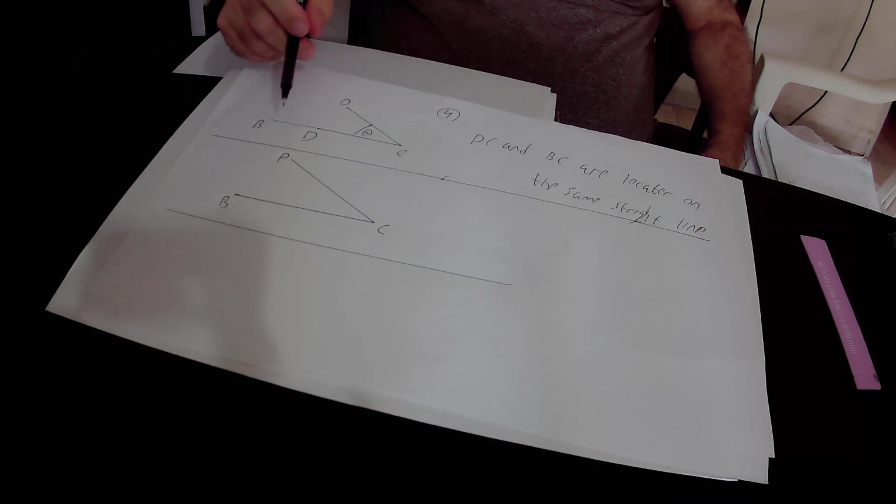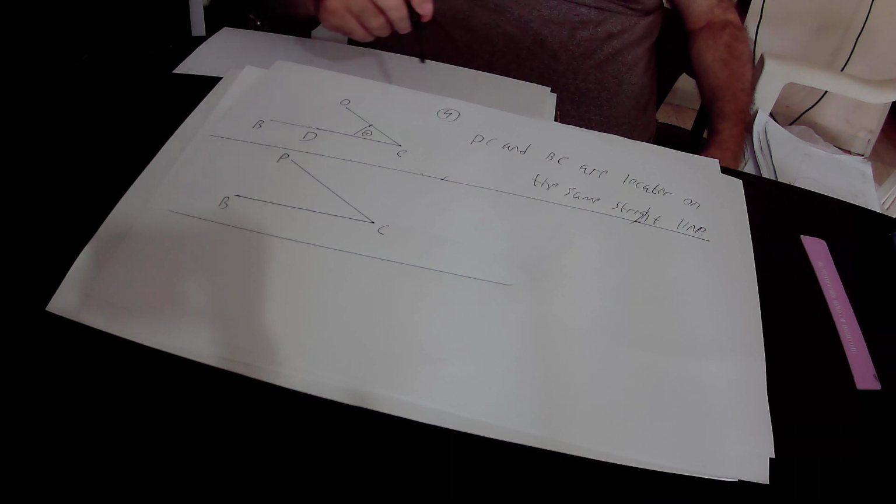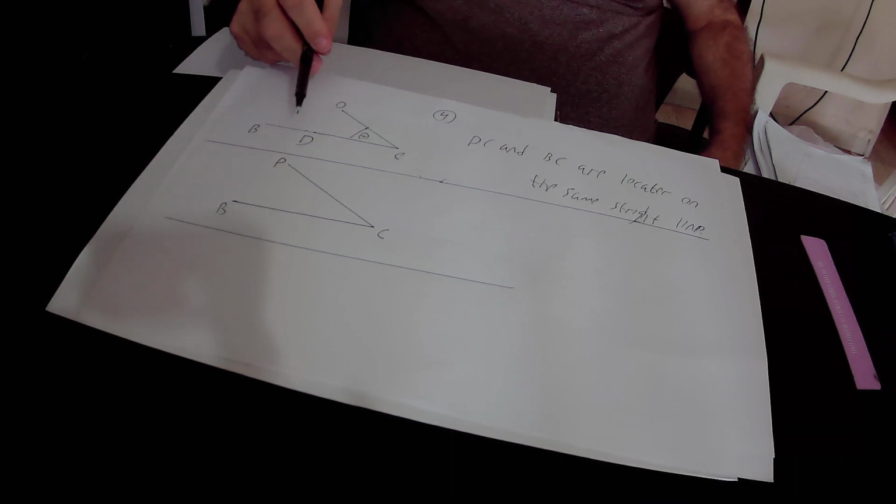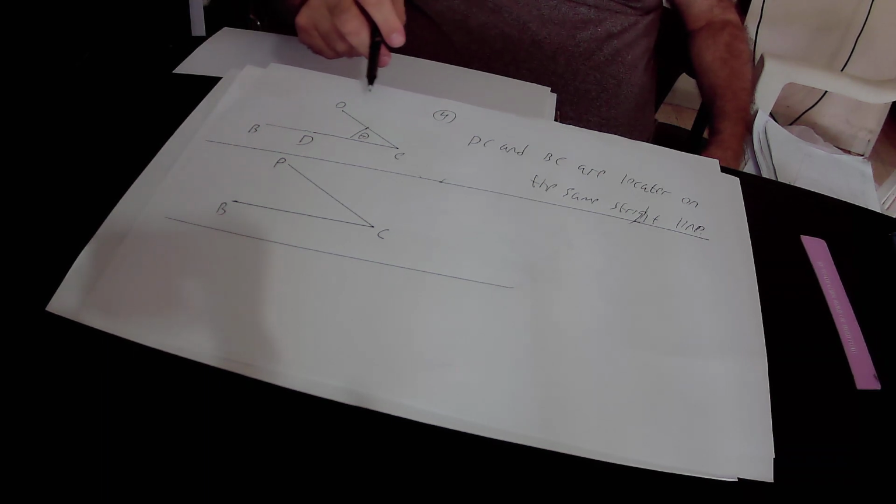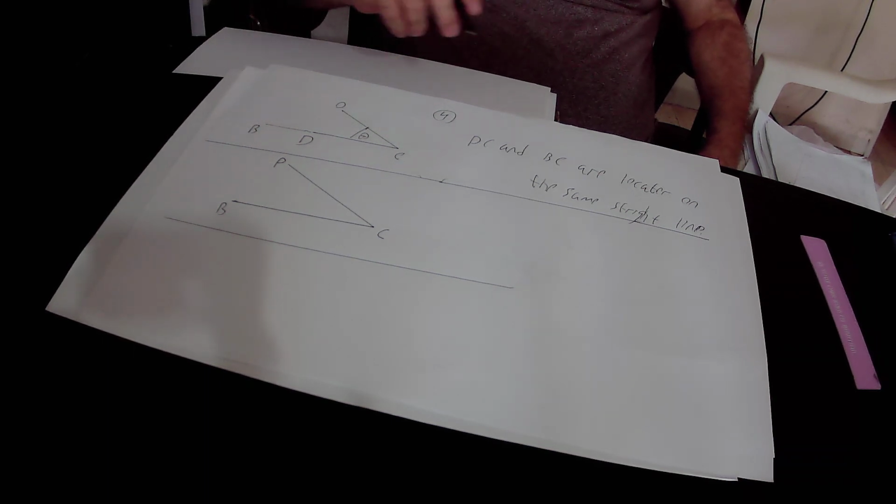So I already mentioned before, BC and DC, both legs are located on the same straight line. What about the second leg of those two angles? What about the legs OC and PC?